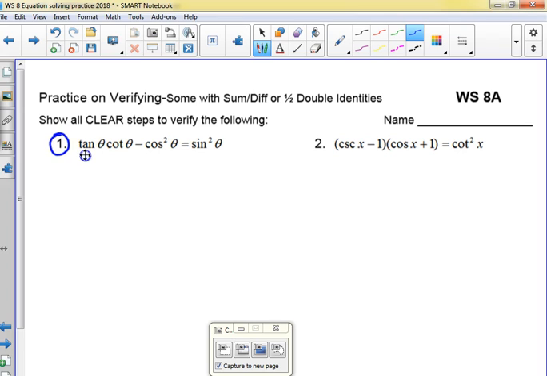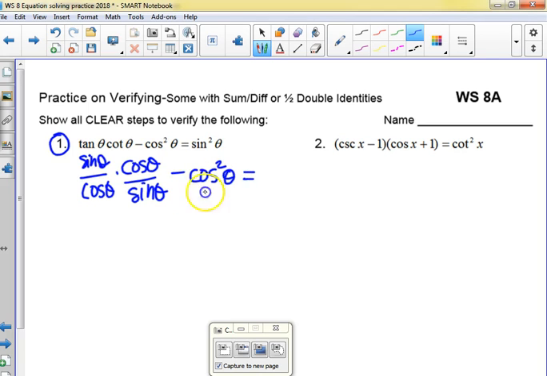If you change it to sines and cosines, this would say sine over cosine times cosine over sine minus cosine squared. What's the big thing to remember if this is a verify question? Only change one side. Yes, okay, so I'm working with the left side here.